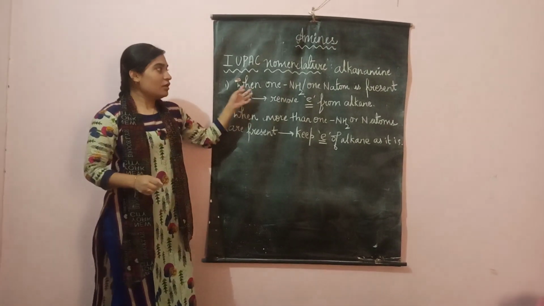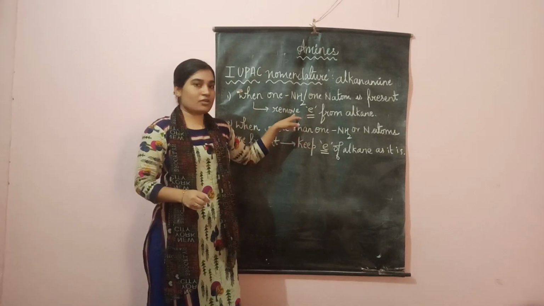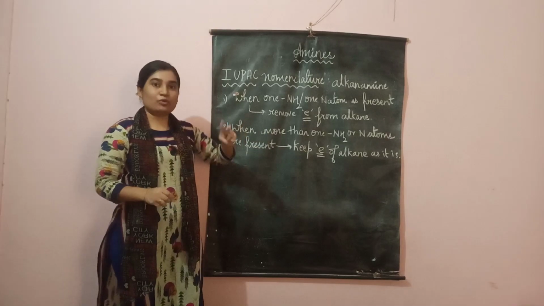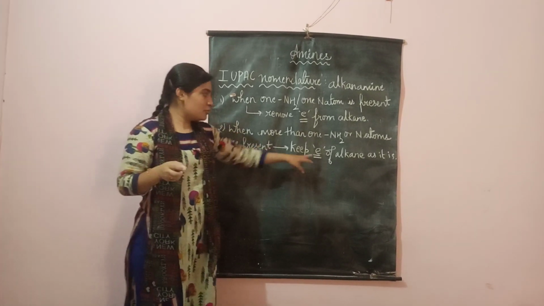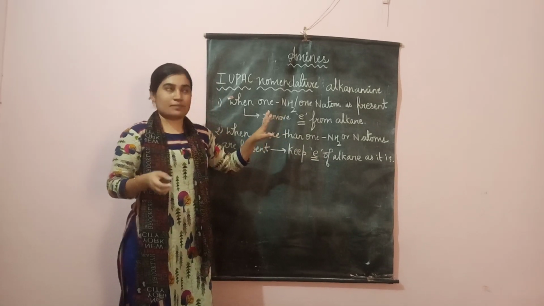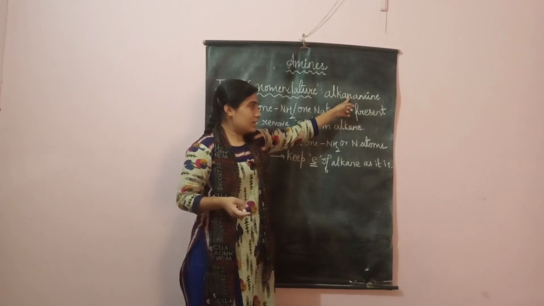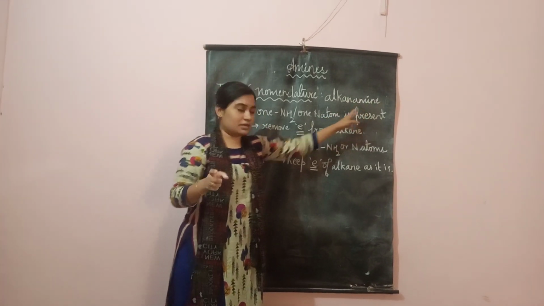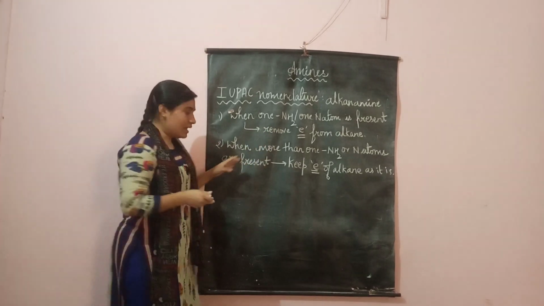So I had told you, when one NH2 group is present in the structure, we will be removing E from alkane. So what happens if I have two NH2 groups? If in a structure I have two NH2 groups, then what will we be doing? E of alkane is kept as it is. So what is the spelling? If one NH2 is present, ALKAN, E should be removed, amine is to be written. But if you have more than one NH2 group, then E will be kept as it is.